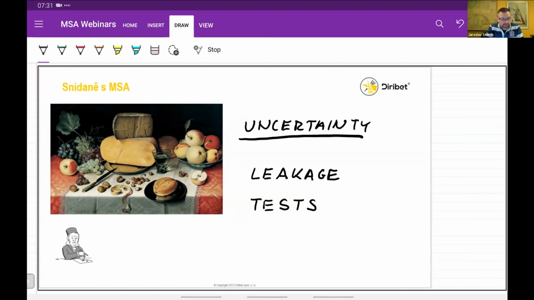There is not one single way the leakage is tested and measured. So there is not a single way how to calculate an uncertainty. So what I'll be showing today is one pretty typical and very frequent example.